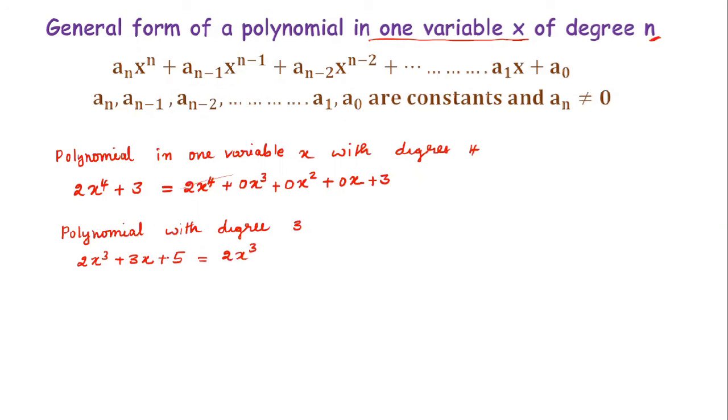Let us write it in the general form. First we have to write 2x cube, then decreasing order of powers. The x square term is not there, so we have to write 0x square plus 3x plus 5. This is the general form of the polynomial.